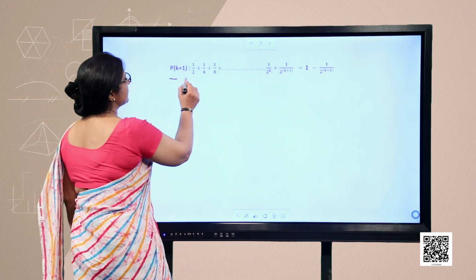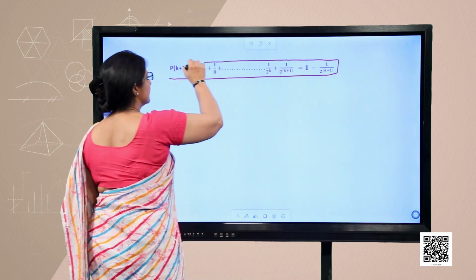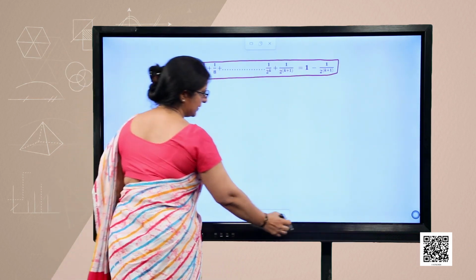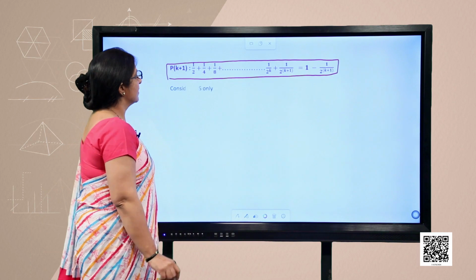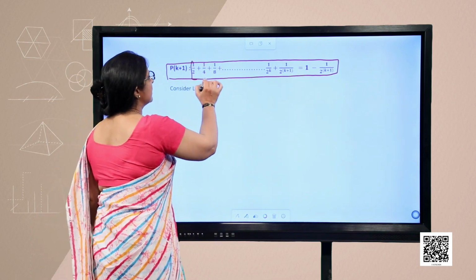Now, writing this expression again, which is to be proved. Considering only the left hand side, we will be taking this much part.